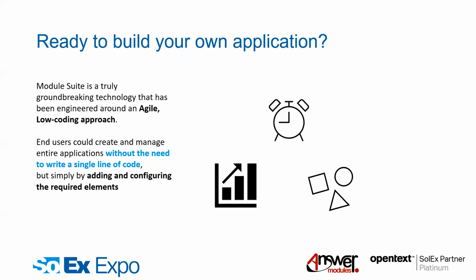The low coding approach not only makes development easier and faster, but it also allows organizations to adopt a truly agile methodology, which is simply not possible with the standard tools we have to this day. By employing an agile methodology, requirements can be deployed, tested, and modified directly with the line of business in pretty much real time.